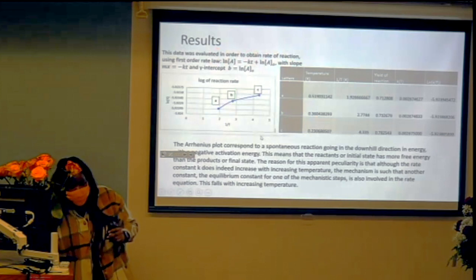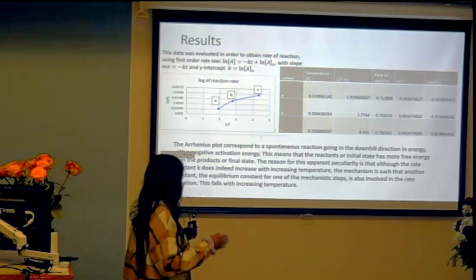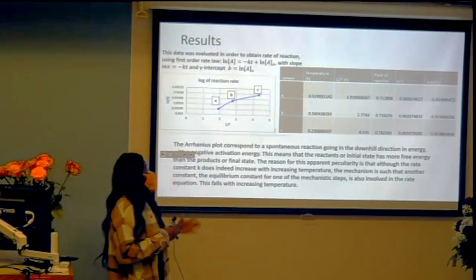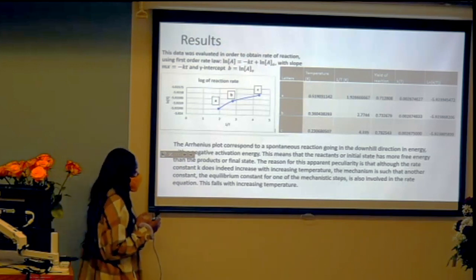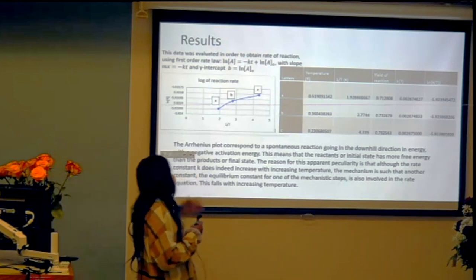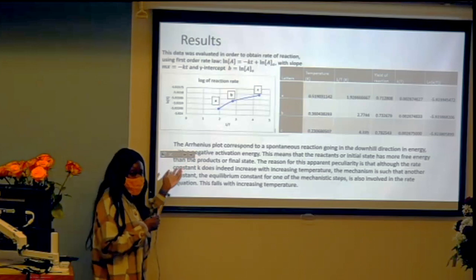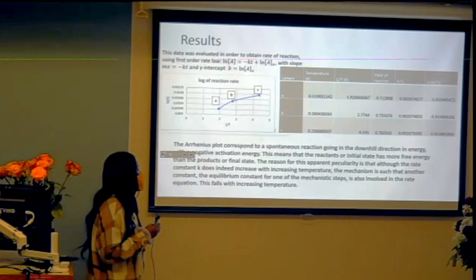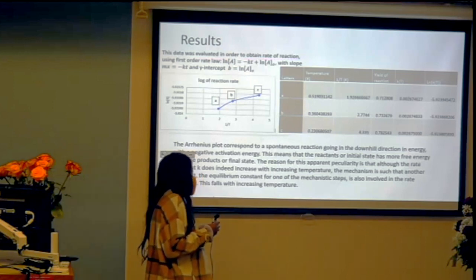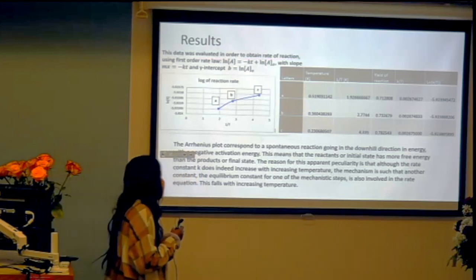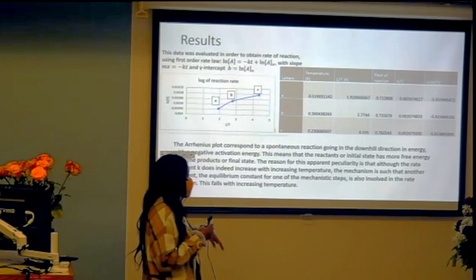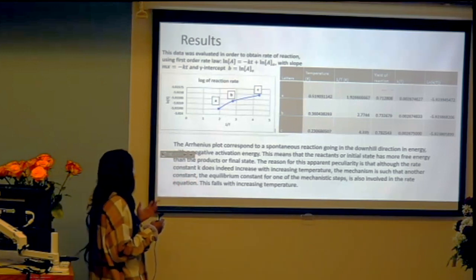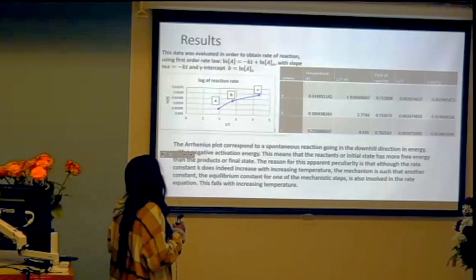After I did that, using the first order rate law, I calculated my rates, and then obtained the following plot, which is the Arrhenius plot. Looking at my plot, we can say that we have a spontaneous reaction that goes in the downhill direction, which also corresponds to a negative activation energy.